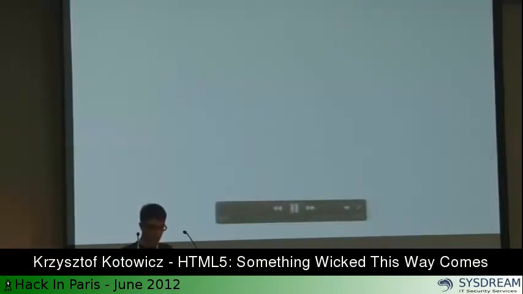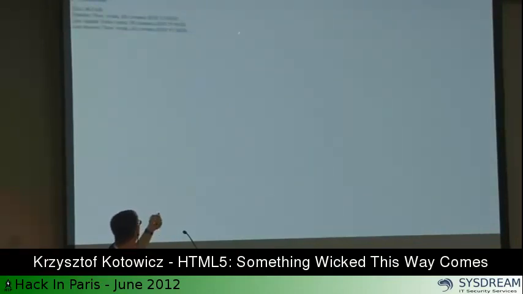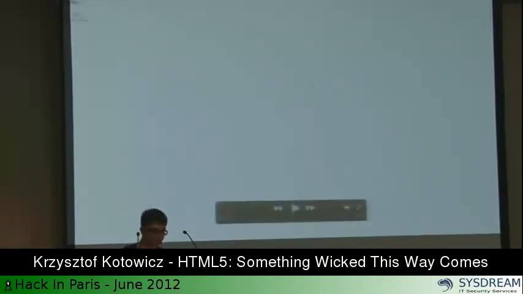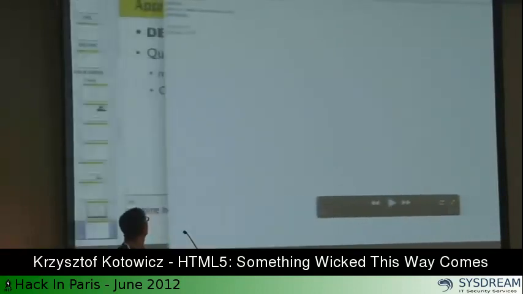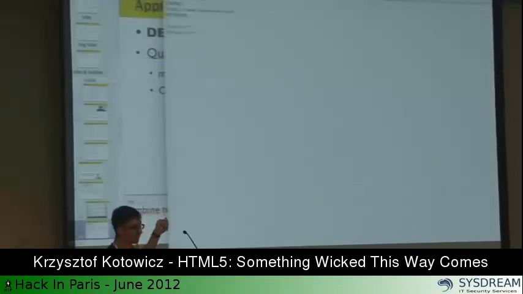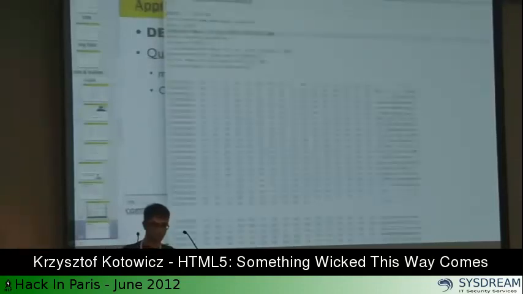So actually, we can see here that the application cache for the Facebook domain is still running, and this is the cache manifest. This is the actual cache manifest that's the poison for Bob.